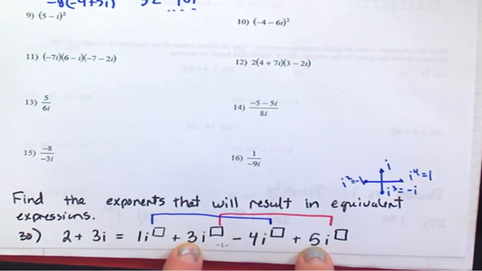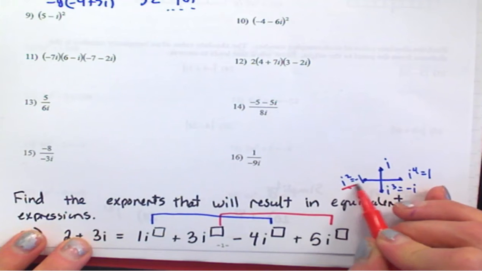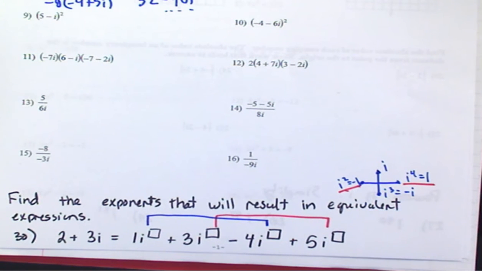I have 3 and 5, means I want this one to be negative 3 and this one to be positive 5, which means I'm looking to get the i's to disappear, become a rational number. Those are the two powers, squared or 4.